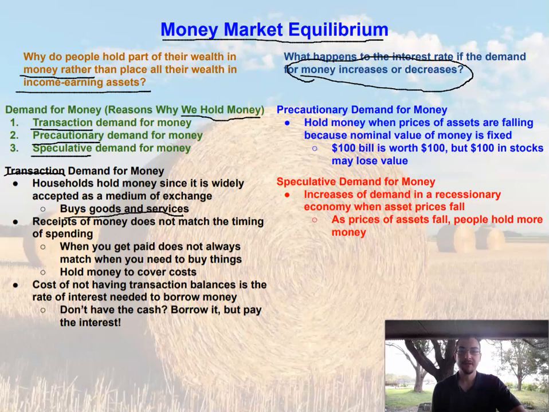And as we continue with that transactional demand for money, another reason that we're going to hold cash is because the receipts of money does not always match the timing of spending. What that means is, when you receive that money does not always line up with when you're going to be spending that money. So when you get paid does not always match when you need to buy things.